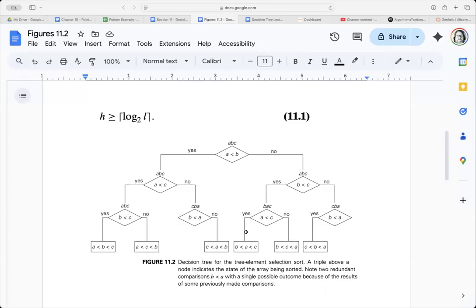So looking at equation 11.2, we can try to figure out how many outcomes we're going to have in the case of sorting, and then from that, figure out the minimum number of comparisons that we could make.